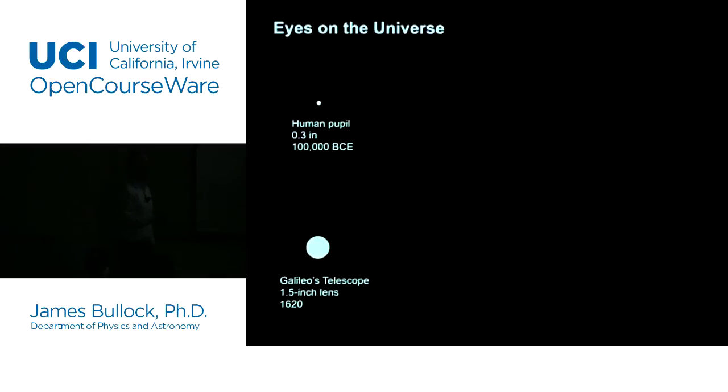It's a pretty big jump. And with that, he was the first person who ever lived to see new stars, to see the moons of Jupiter, to see the phases of Venus. With these observations, suddenly the universe opened up, and he was able to see farther than anyone had seen before.